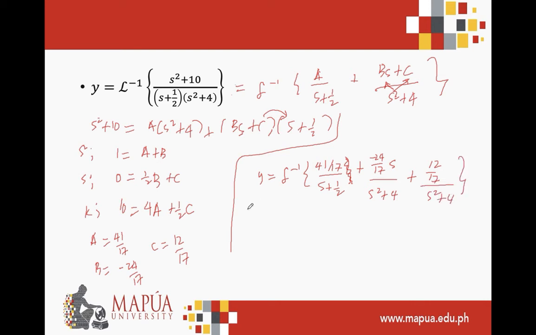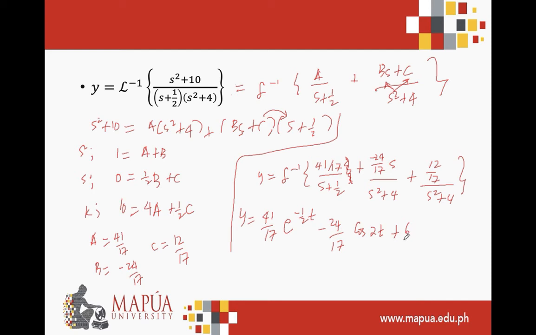Now we get the inverse. This is exponential, e to the negative 1/2 t, since a here is negative 1/2. This is for the cosine function, so negative 24 over 17 cosine 2t. For the sine term, a is 2, so you have a correction factor: you should have 2 here in the numerator, so you multiply by 1/2.